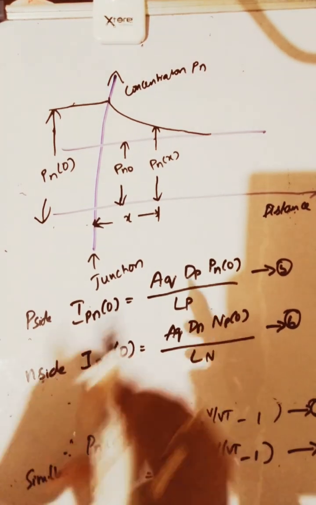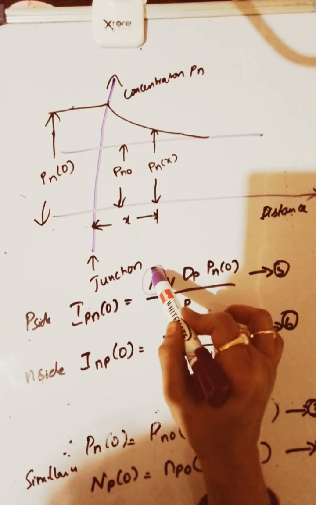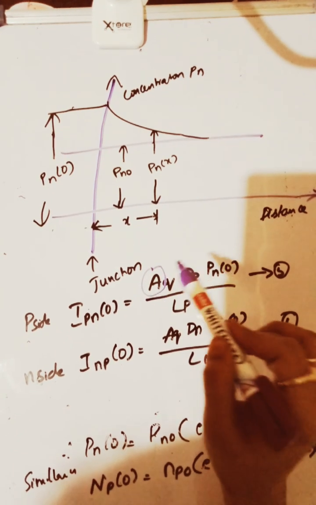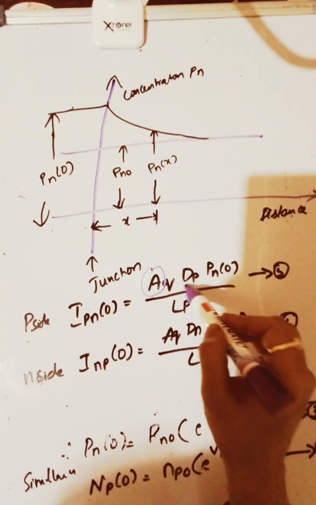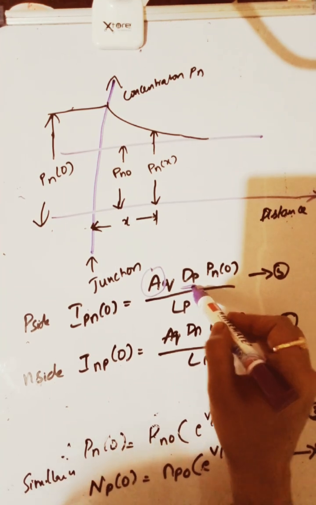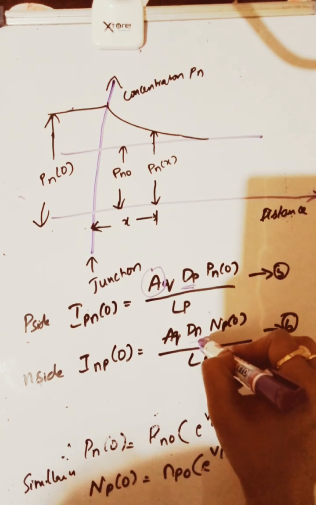Here A is nothing but the area of cross section of a junction. D_p is the diffusion constant for holes. D_n is nothing but the diffusion constant for electrons. L_p is nothing but the diffusion length for holes.